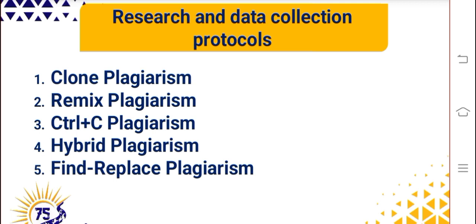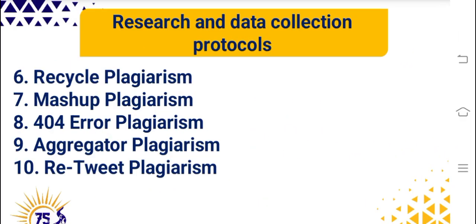Number 5, find-replace plagiarism. This is changing the most common keywords and phrases in the copied content but not making any changes in the essential document. Number 6, recycle plagiarism, also called self-plagiarism. It refers to the act of borrowing from one's own previous document without proper citation.